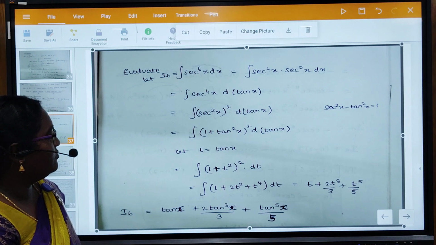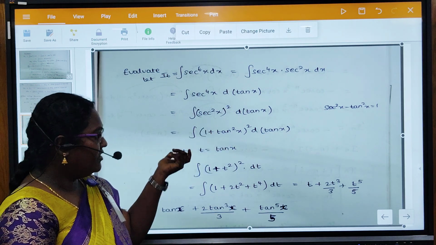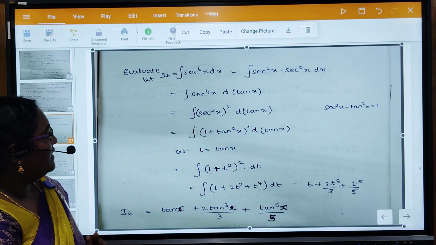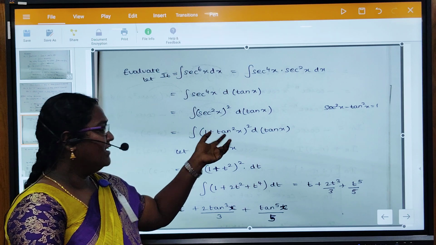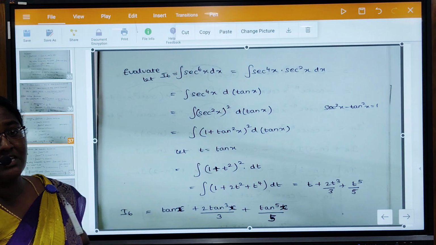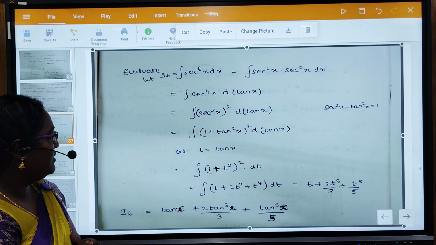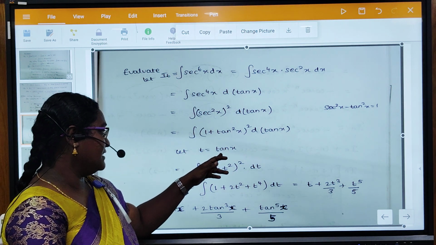So using the substitution method, I can take tan x as t. Here we are not going with integration by parts, because here also we are having tan. If we have tan here, I can use the formula: the integration of x power n is x power n plus 1 by n plus 1. Using that concept, I am taking tan x as t.